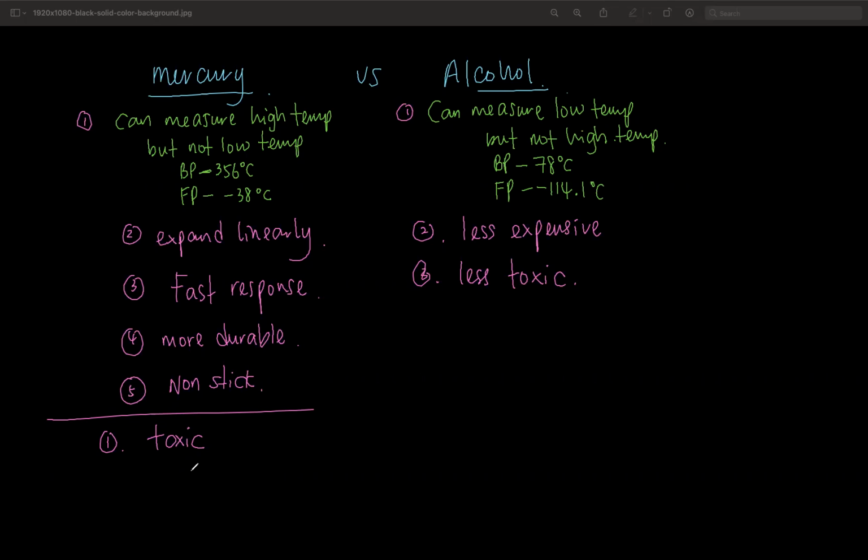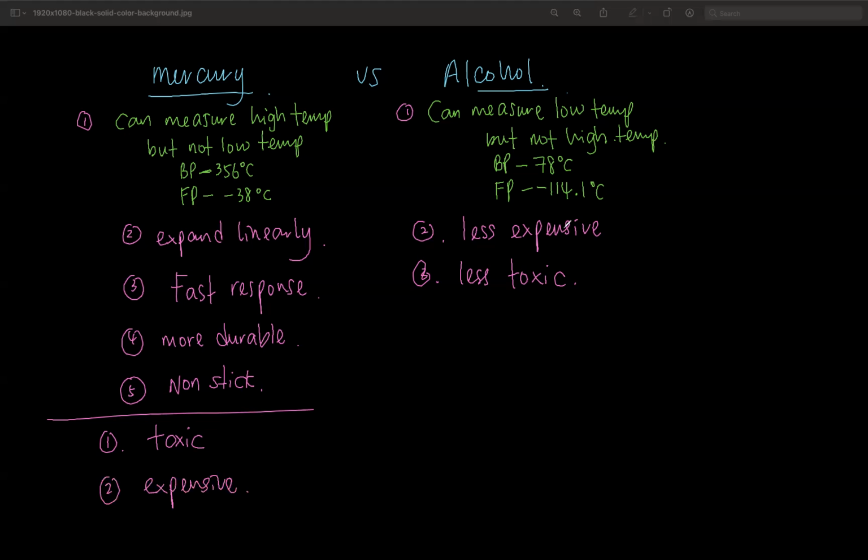Okay, right. So it's very toxic, and then second, it's very expensive. Right. So yeah, usually the disadvantage of one will be the advantage of another one. Okay, so this is toxic and this would be less toxic.